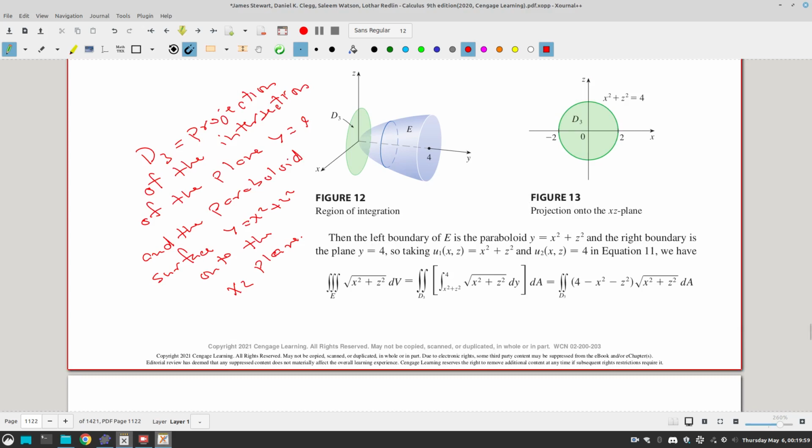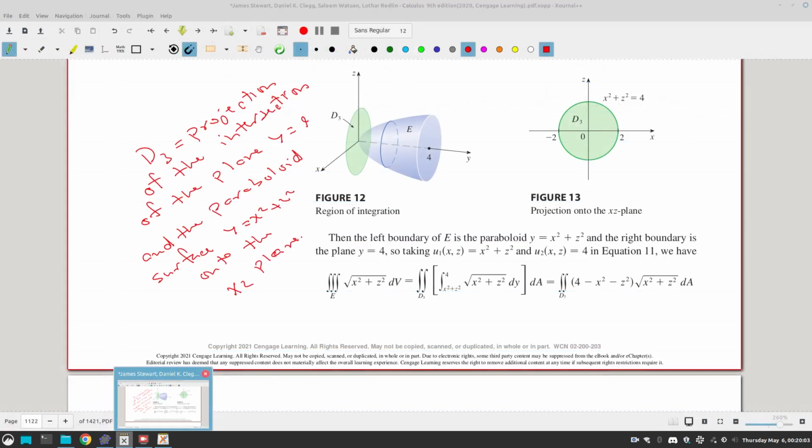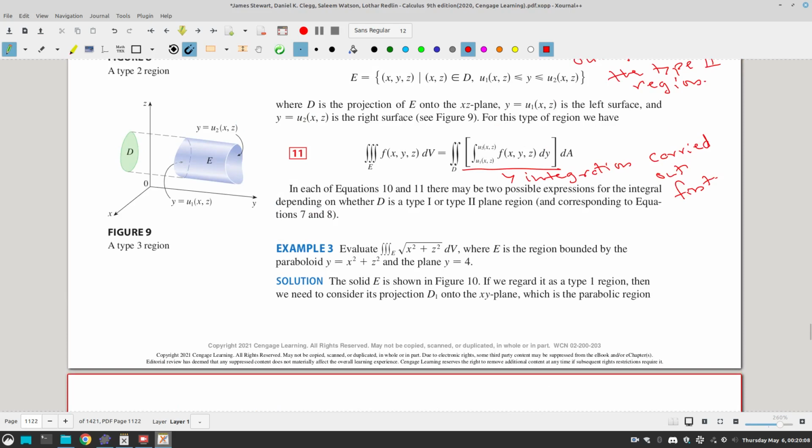Okay, so let's try to do the integration. So E is given by, we are only given the z limits, right? We need to figure out the y limits and the x limits.